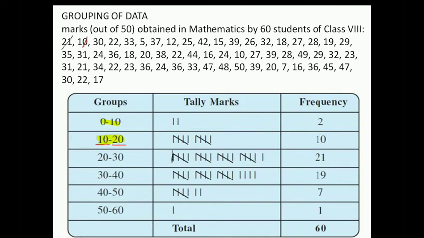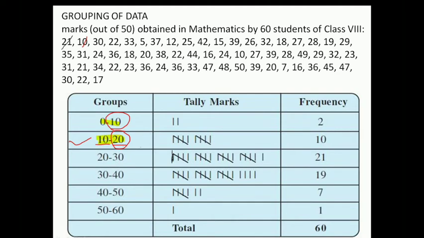So I will choose the 10 to 20 group for 10, because I get increasing order, with 20 shown and 10 first. So we move forward like this: I will choose 10 as a lower class limit, and 10 is the lower class limit in the group 10 to 20.